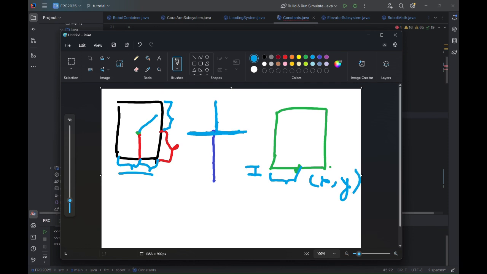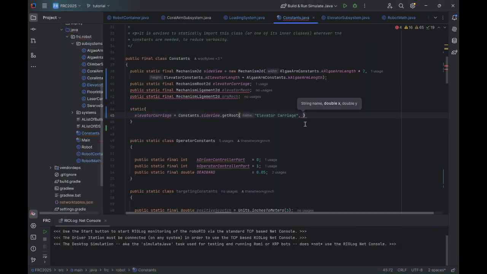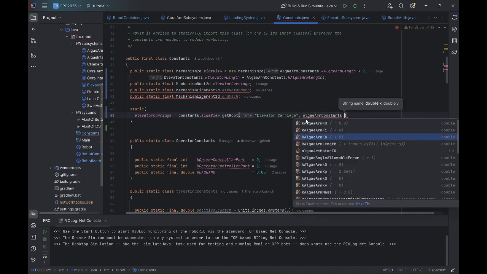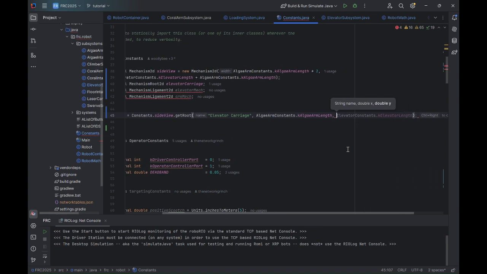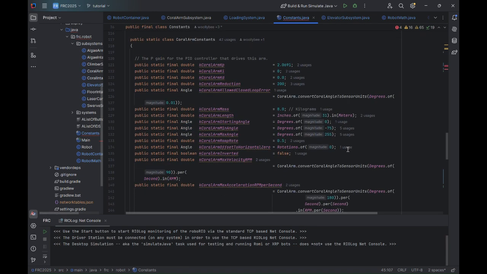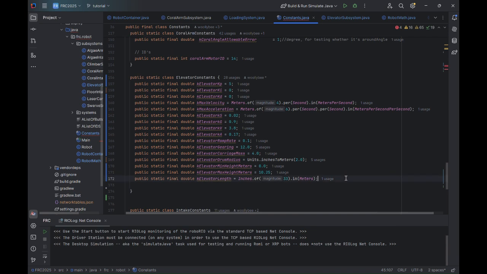But we'll put something instead of just 0. And so x is our LG arm constants, the length. And y is our elevator starting height. So constants.